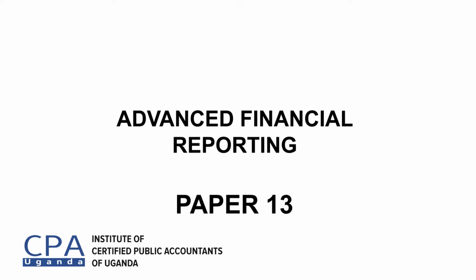Okay? Now, don't forget that the syllabus is intended to make sure that you are imparted with knowledge and you can apply knowledge in matters of financial reporting out there in the business. Okay? So at this paper 13, you'll be looking at an interrelationship of 4 papers of accountancy.